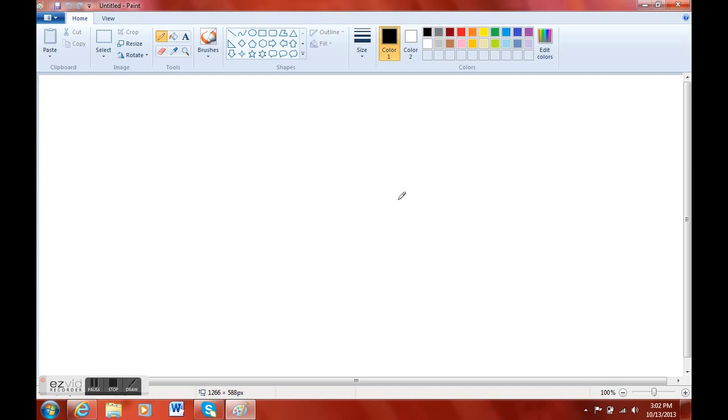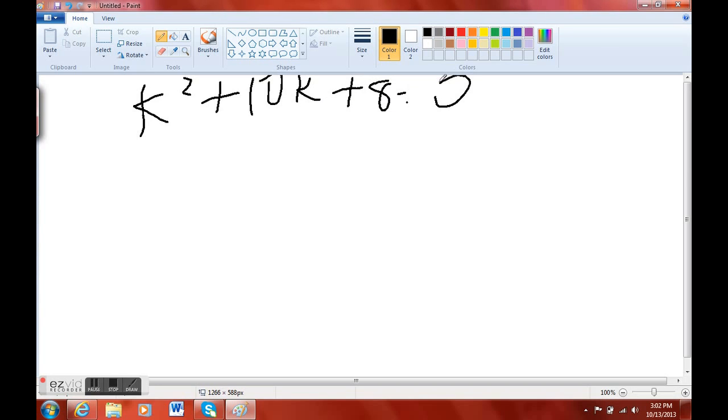Okay. So for the next problem, we're going to do k squared plus 10k plus 8 equals 0. So this problem, you're going to move 8 to the other side, so it's going to become a negative 8.